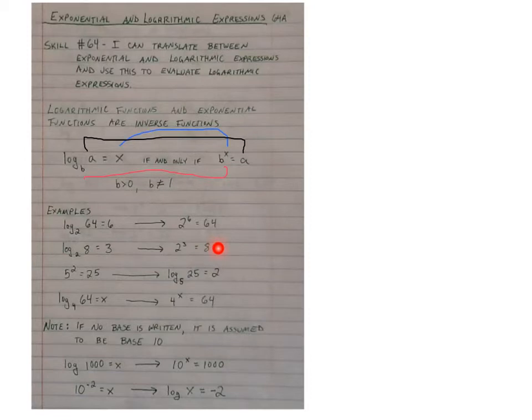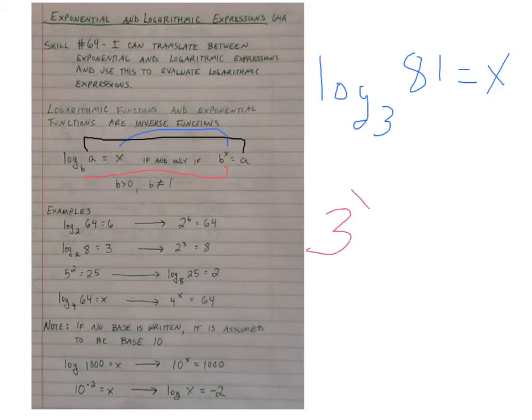Another example may be log base 3 of 81, and you're supposed to use mental math to evaluate that. The way we would do that is we'd say, what is this equal to? Because that's what we're trying to find. We could rewrite it as an exponential expression, which would be 3 to the x equals 81.